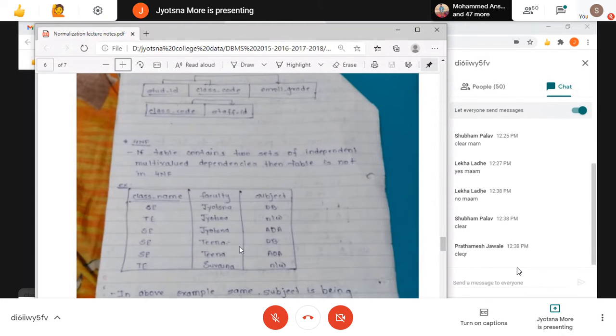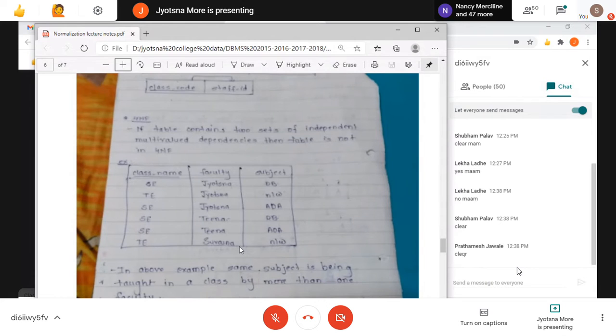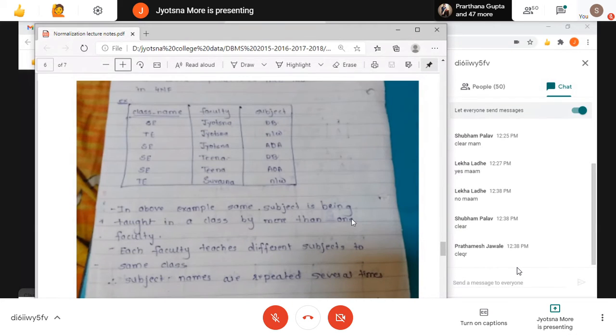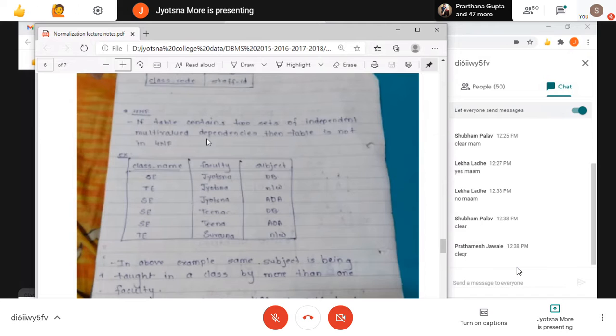So to make it in 4NF, what we have to do? To eliminate multi-value dependency, split the table such that there is no multi-value dependency. Can anyone give me idea how we can split this so that we will not have the repeating value?